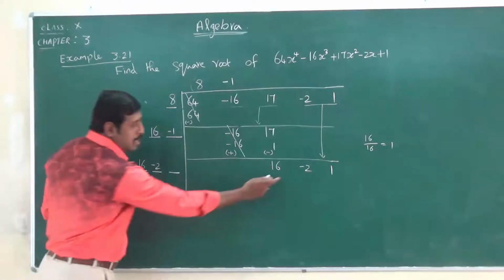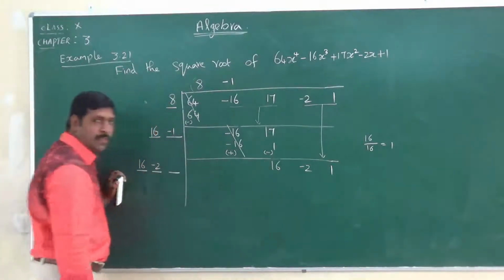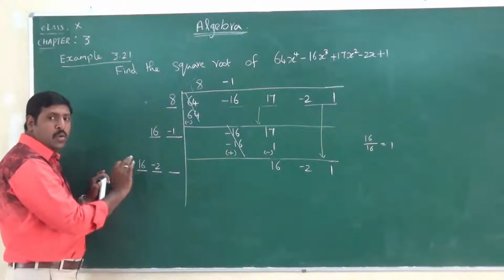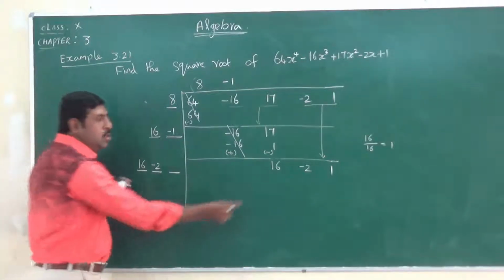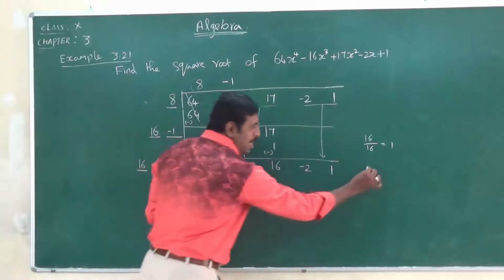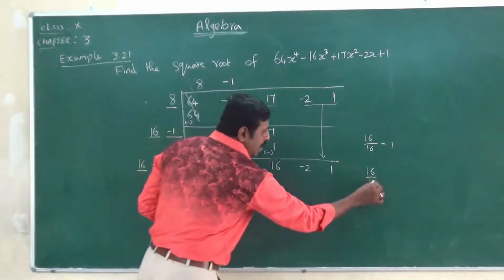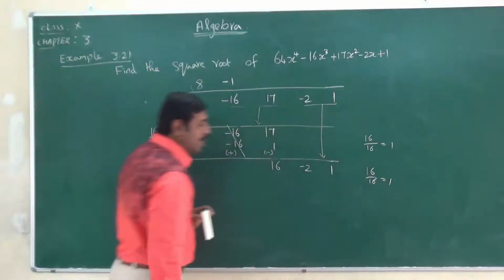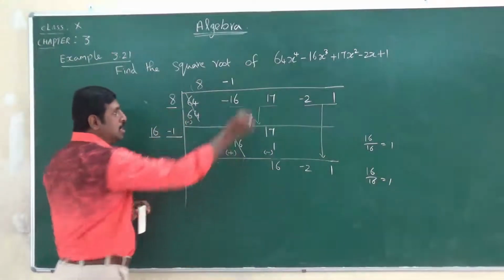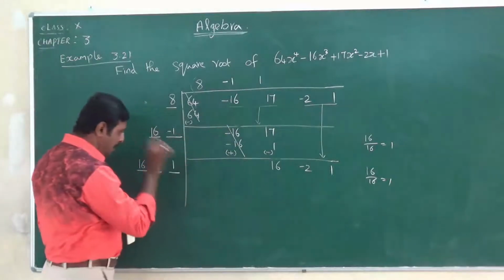Here also we have the number 16 and here also 16. So which number do we multiply to cancel 16? Again 16 divided by 16, we get the value 1. So that is the number we are going to multiply here. So put 1 here and here.